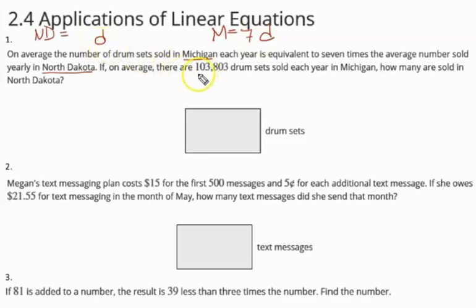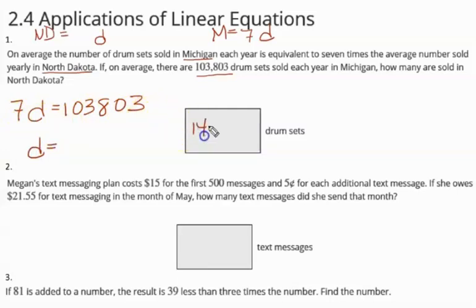So if this is the number that's sold in Michigan, we get 7D equals 103,803. When we solve this for D, we have our answer, and that's going to be 14,829.